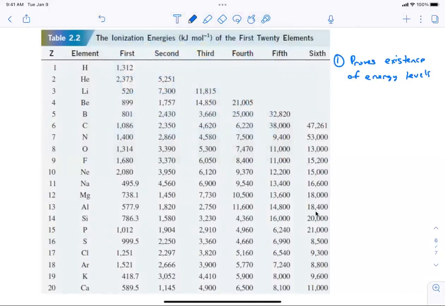After helium, there's a big drop down. After neon, there's a big drop down. Those drop downs represent a change in energy level because it's getting further away and it's starting a new energy level. So it's easier to lose that one electron than it was to lose one of the 8 in the inner shell. So the idea that the ionization energy drops whenever you go to a new energy level is part of why we know there's energy levels.